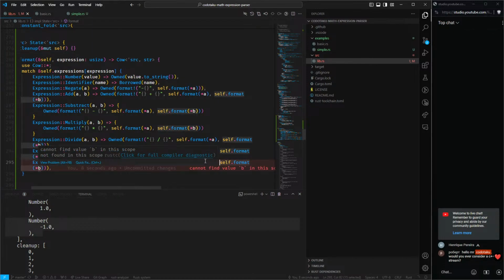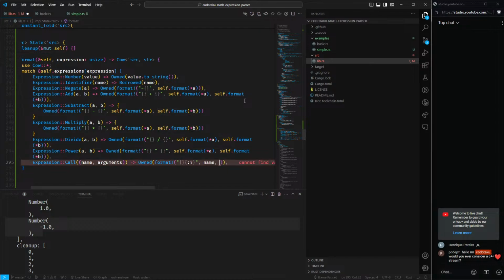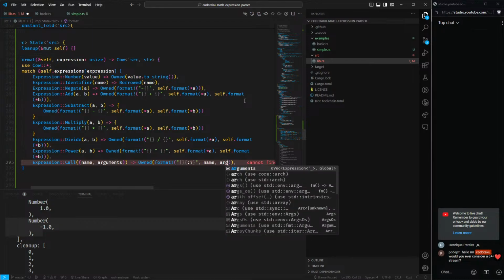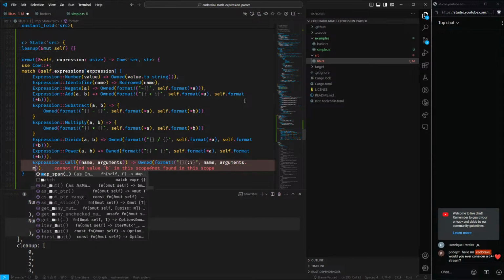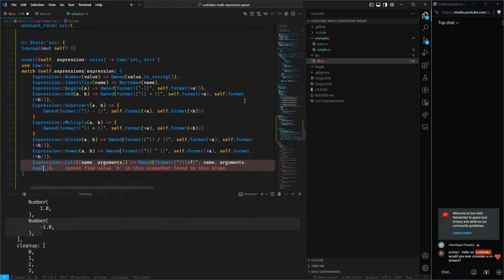So, well, actually, hold on, it's even crazier than I thought. Because yeah, you're gonna get a vector of arguments, but those arguments need to be formatted too. Interesting. Gotcha. Okay. All right. So arguments.map, I think.